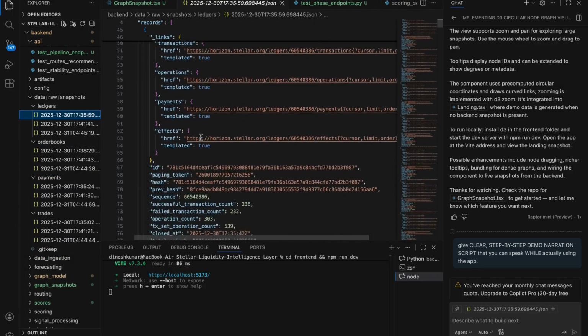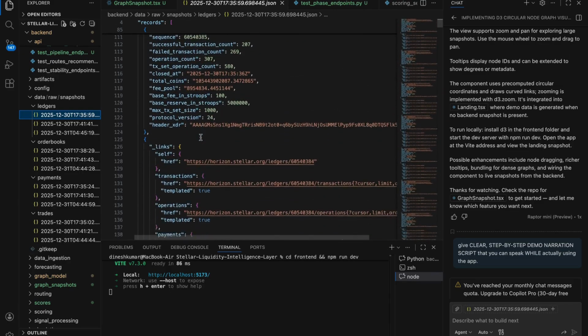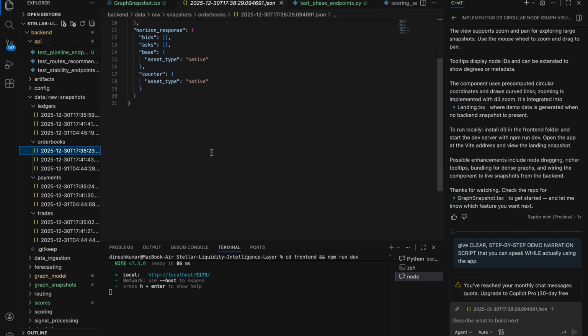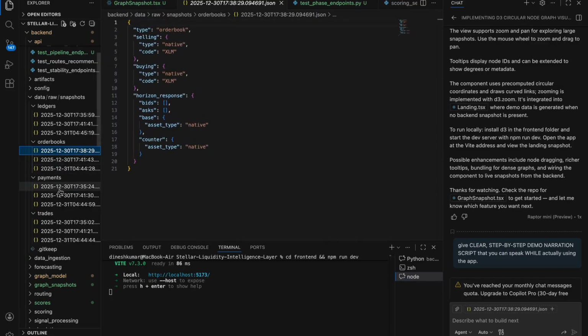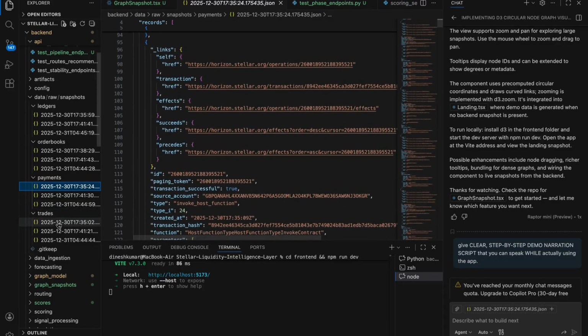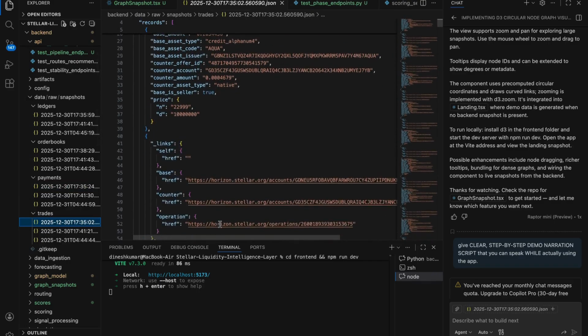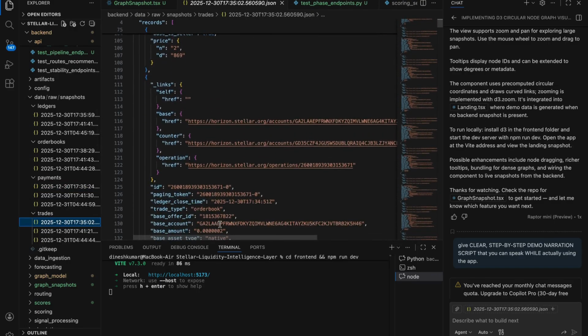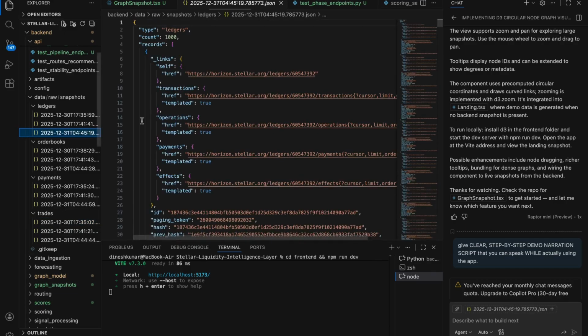This is the ledger data. This is the order book data, and this is the payment data, and this is the trade data. And we can also verify the ledger data globally by pressing this link.